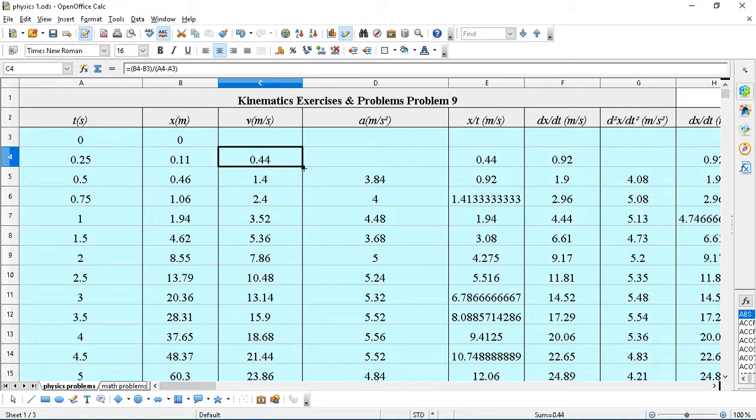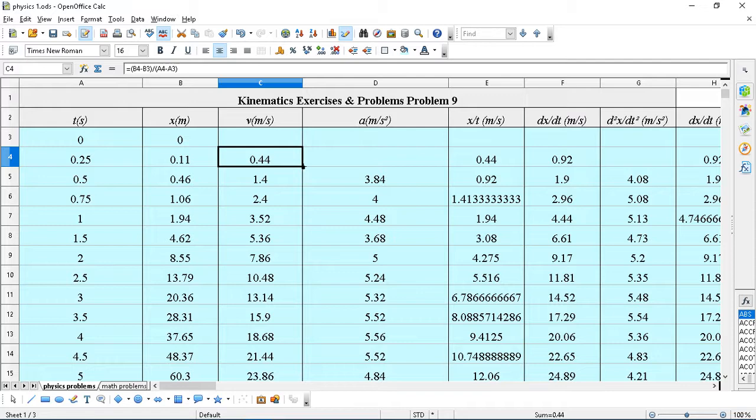Here you can see this little square at the bottom right corner of cell C4. All you have to do is put your cursor on top of that square and you'll notice a crosshair.